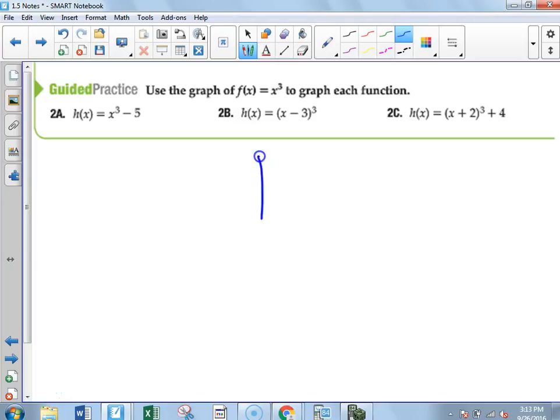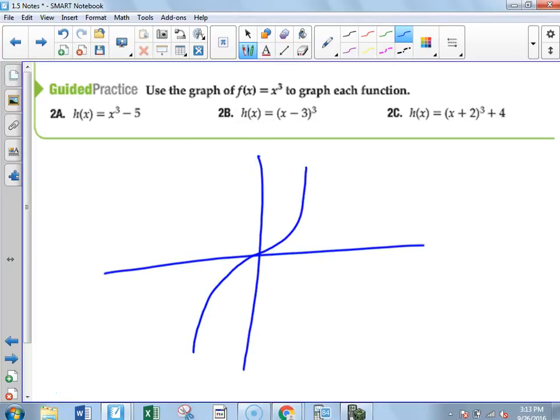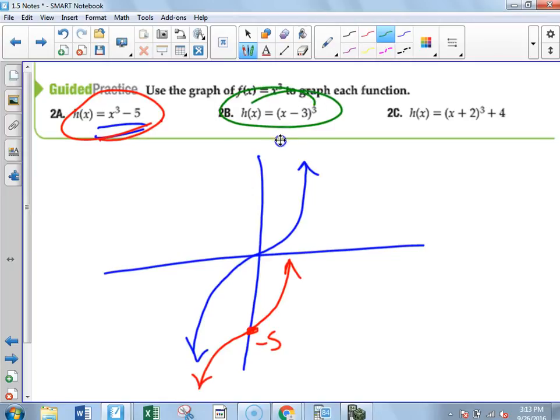So if this, here's my parent function, badly done, okay? What is this one going to do to that? Let me do this one in red. Shift it down 5, so it would cross down here at -5, and otherwise it would be doing exactly the same thing. What about this one? Right 3, so over here at +3 it would cross and be doing the same thing.